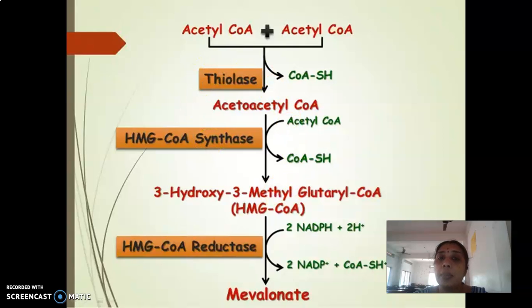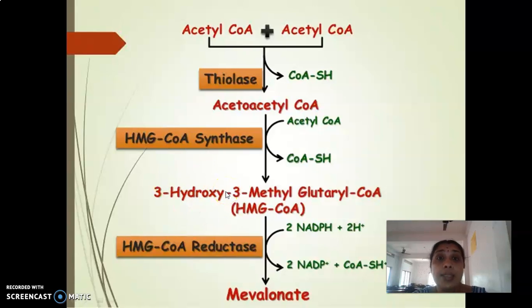This reaction happens in all the nucleated cells of the body, provided it is the cytosolic fraction, because only the liver can synthesize HMG-CoA by the mitochondrial fraction of HMG-CoA synthase. The mitochondrial HMG-CoA synthase converts acetyl-CoA or acetoacetyl-CoA to HMG-CoA in the mitochondria only for ketone body metabolism.